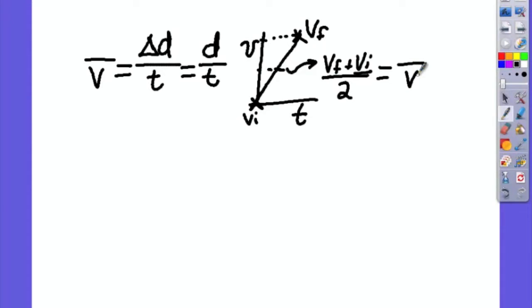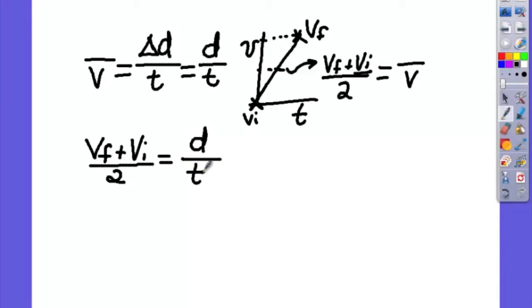Now what we can do is replace that. We're going to talk about the average velocity as v final plus v initial divided by 2, and we are going to make that equal to our displacement divided by the time.